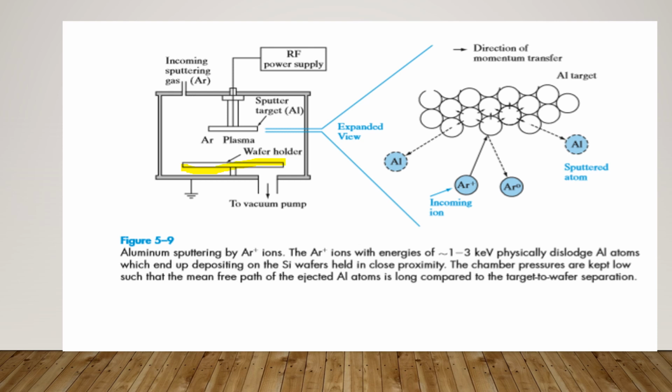Here is your sputter target, aluminium, which is bombarded by argon, and here you have a power supply, and here is the incoming sputtering gas, that is argon, and here is the vacuum pump to reduce the pressure, and similarly this is grounded. So many of the aluminium atoms ejected from the target deposit on the silicon wafer, held in close proximity in a chamber to the target.